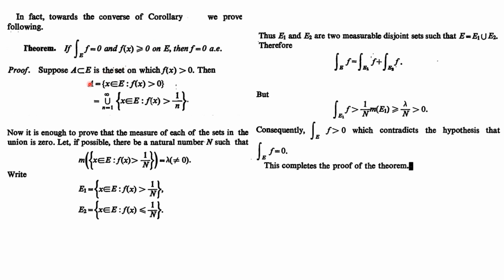But if we show that the set of points where f is greater than 0 has measure 0, it means f is 0 almost everywhere. So it is enough to prove that the measure of each set in the union is 0.